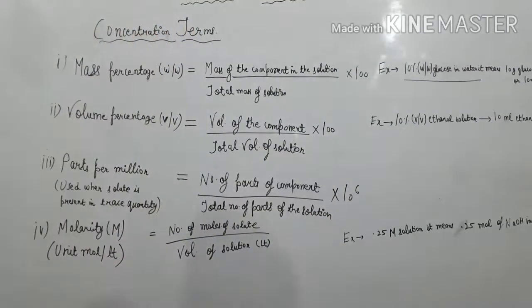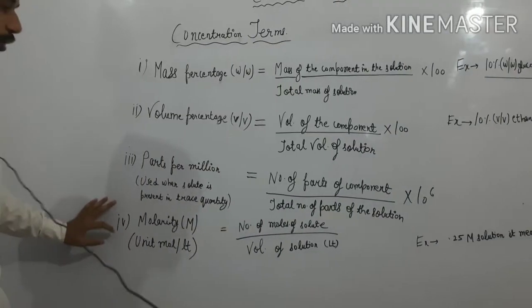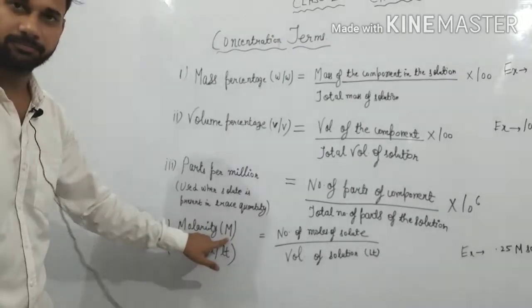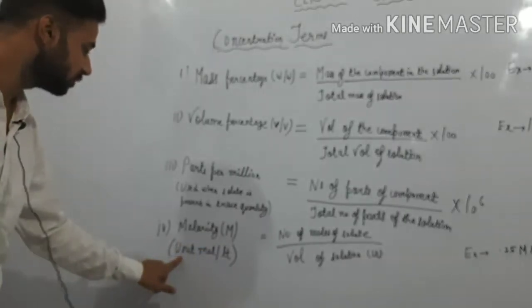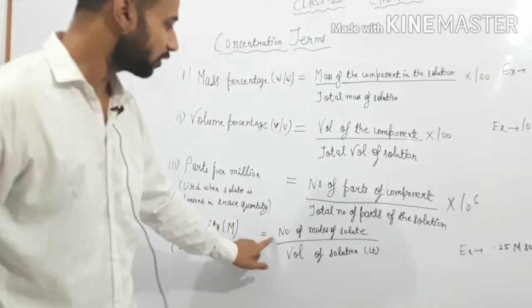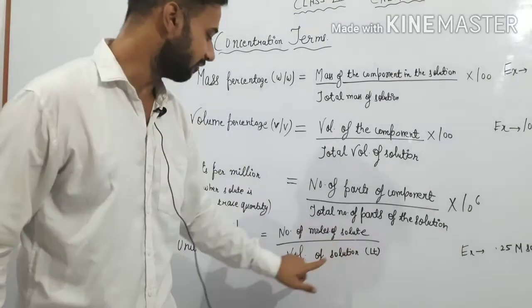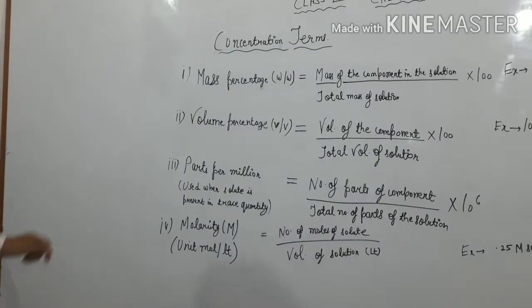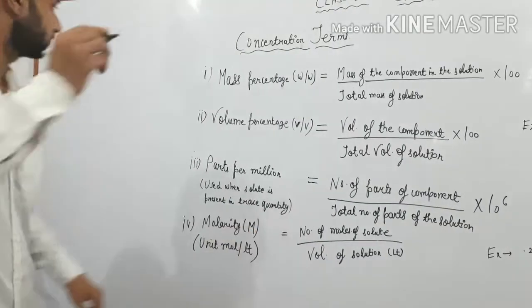Fourth, molarity. Molarity is denoted by capital M. Its unit is mole per liter. The formula is the number of moles of the solute divided by the volume of solution. And you know how to find the number of moles?